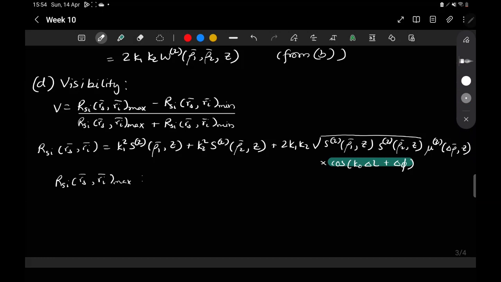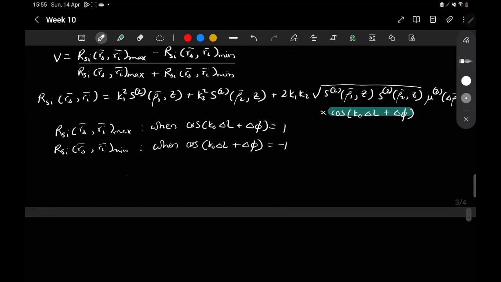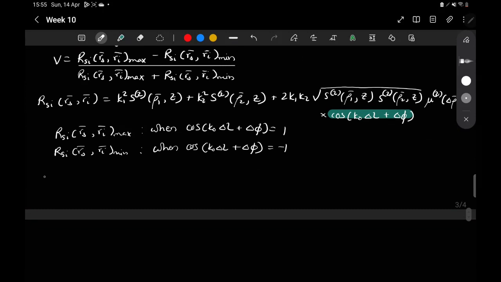When it is negative 1, we get minimum. So using this, we get the visibility.